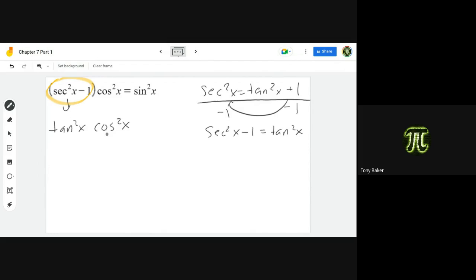So now I have that. Tangent becomes sine squared x over cosine squared x. And then that's just sine squared x.